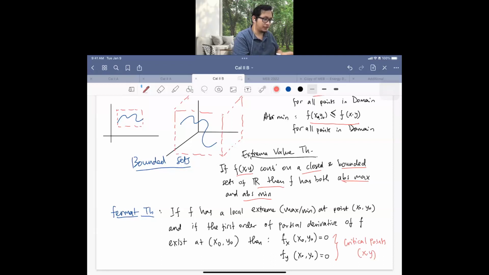So the first thing is to set these two partials, partial x and partial y, equal to 0, and we can find the critical point. So x0, y0 will be related to the critical point.